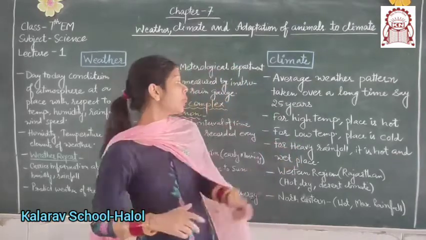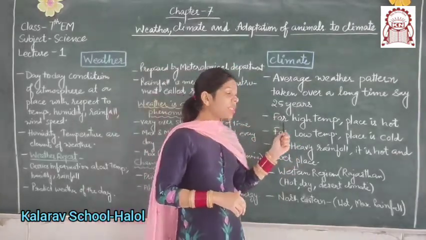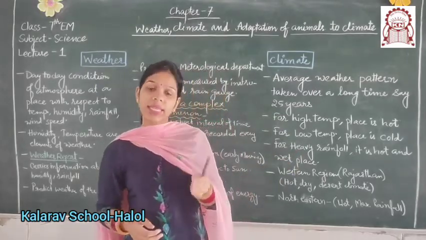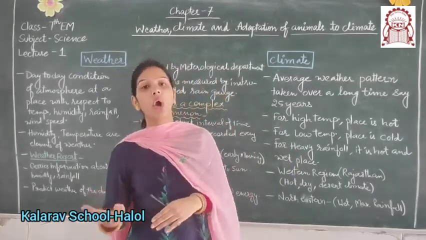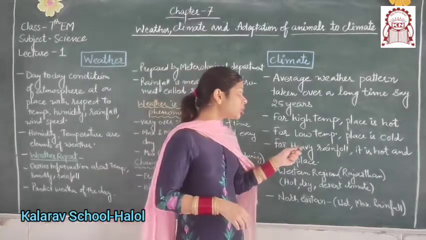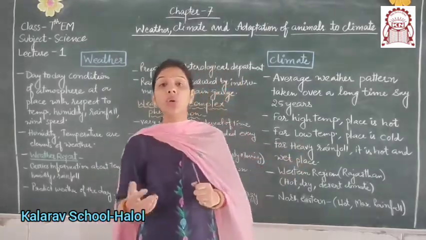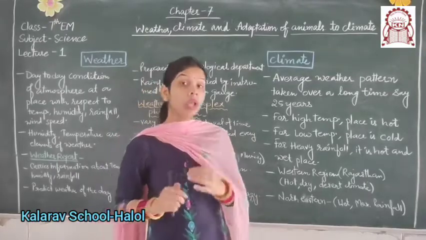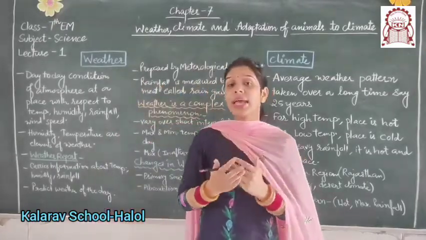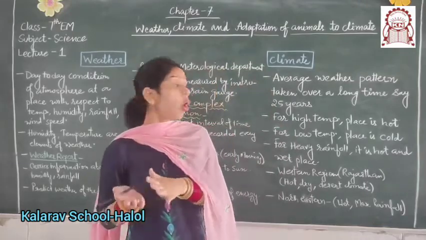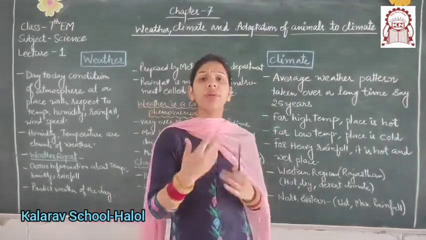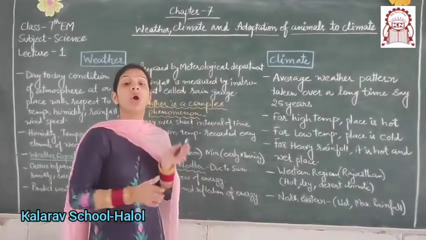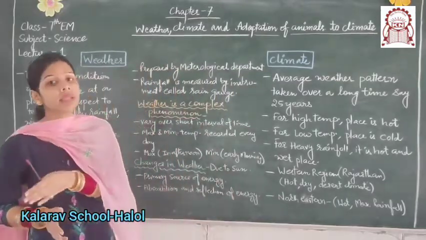For example, if the temperature of that place is very high, then we can say that that place is hot. If the temperature is very low, then we can say that the place is cold. Or when the place has heavy rainfall or rainfall after short intervals, then we can say that it has a hot and wet climate.